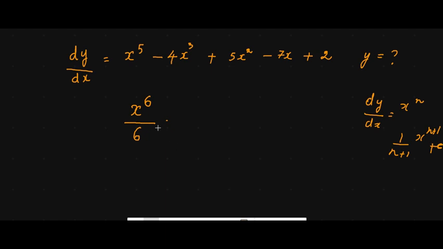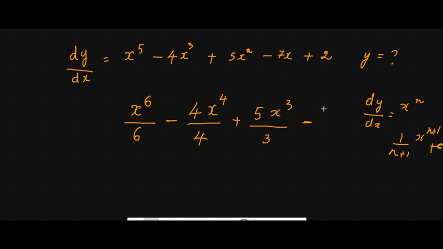So it's x to the power of 6 divided by 6 minus 4x to the power of 4 divided by 4, correct, plus 5x cubed divided by 3 minus, so you remember that if the derivative is k, the antiderivative is just kx, right?